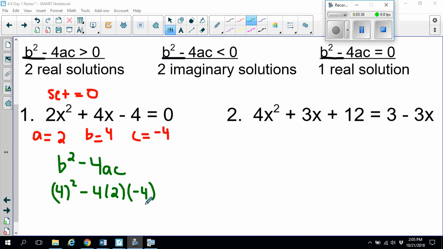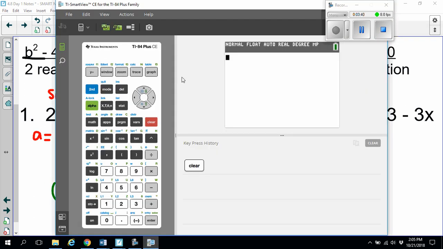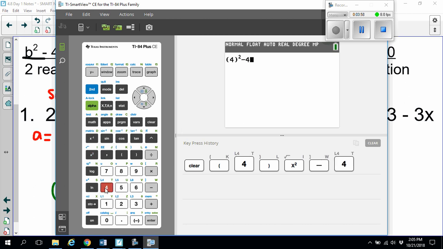Okay, so I'm going to show you how you would just plug this entire thing into your calculator. Plugging it all in actually helps a lot more because you are less likely to make mistakes. So I'm going to put 4 squared, and I'm using parentheses because I want to get into that good habit of using parentheses, especially when I square something. Then I have minus 4, right?